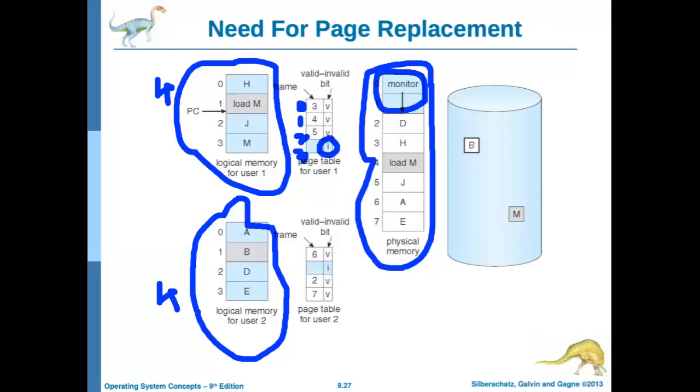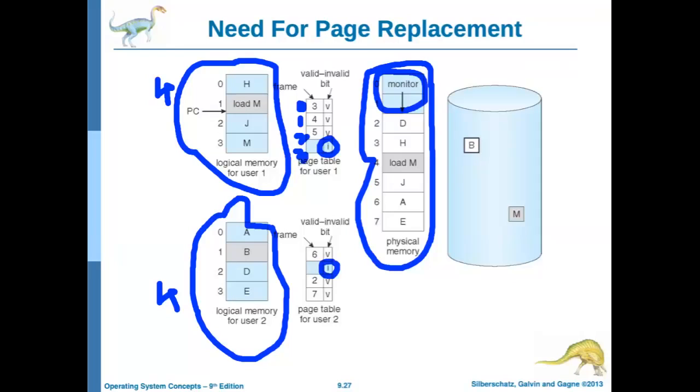And the same is the case for the second process, where A, B, D, E, 4 is the requirement, but 3 are loaded, and the page with contents B is not loaded. So its flag is invalid. Why is it not loaded? Because there is no space, right? My physical memory has limited frames.